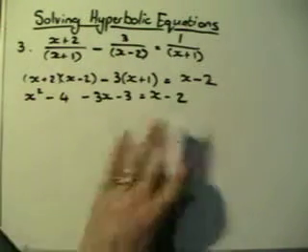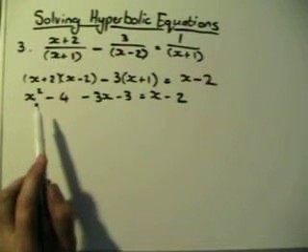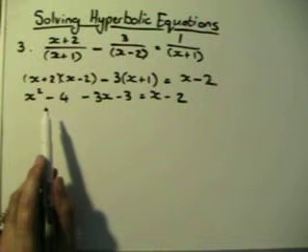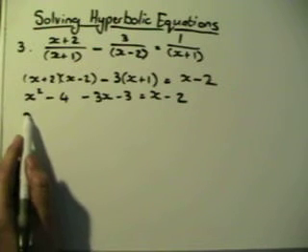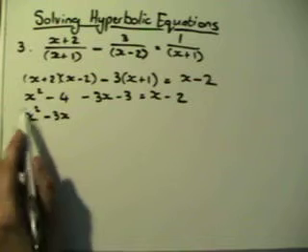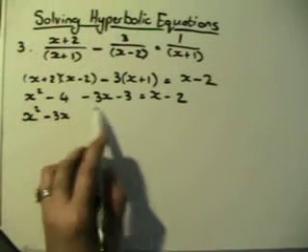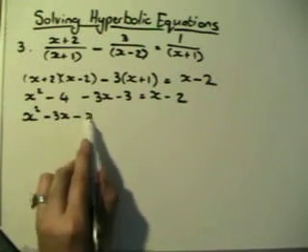And now I gather everything on one side because I have a quadratic equation. So I have x squared minus 3x. I first write all of the x squareds, then I write all of the x's. So there's an x, there's an x, it's going to become negative x.